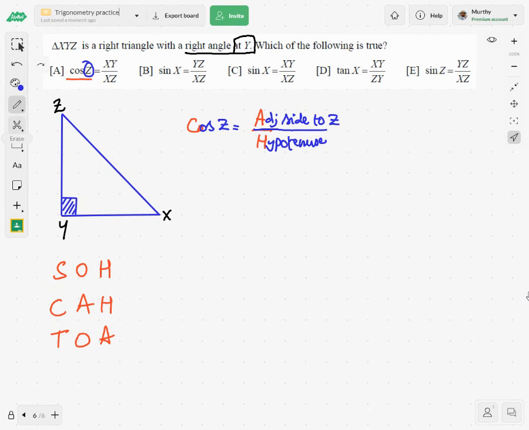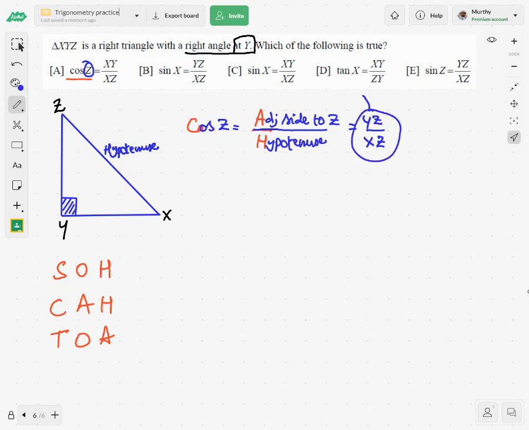Adjacent side to Z means, observe carefully, here is the Z letter, and this is going to be the adjacent. So if it is the adjacent side, what do I have to write? It is YZ over, anyhow, the hypotenuse is always the side opposite to 90 degrees, so YZ over XZ.